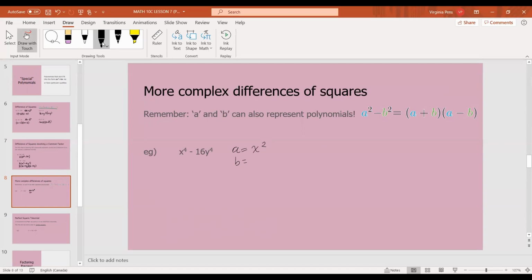Wait, let me think this through. So you have x squared, and you have 16y squared to the power of 2. Oops. Yes, so b has actually been replaced by 4y squared.